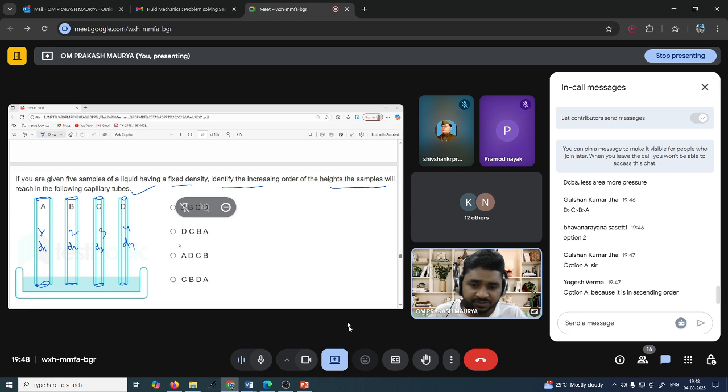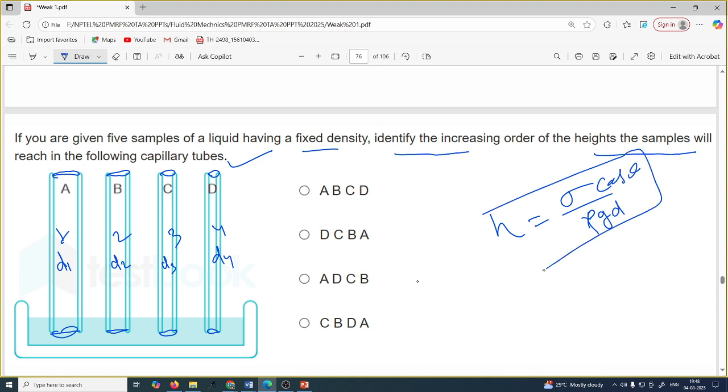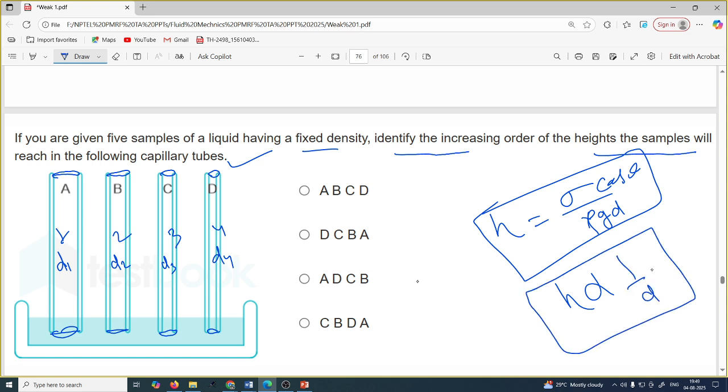Option A. Okay, so let me just discuss. The understanding here is very simple. Capillary height depends on sigma, gamma, rho g D, and cos theta. As you know, your capillary height is inversely proportional to D. This is the main concept.